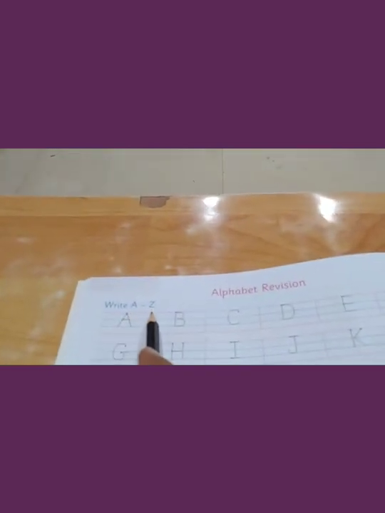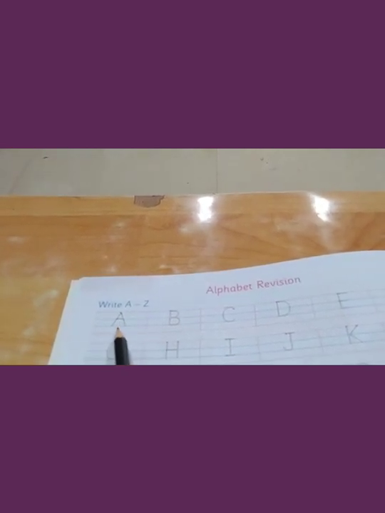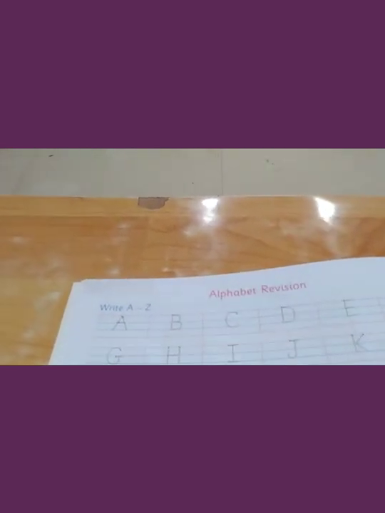Okay, now see here. Write A to Z. Capital letters you have already learnt. Yes or no? Now see here, this you just have to trace and write.